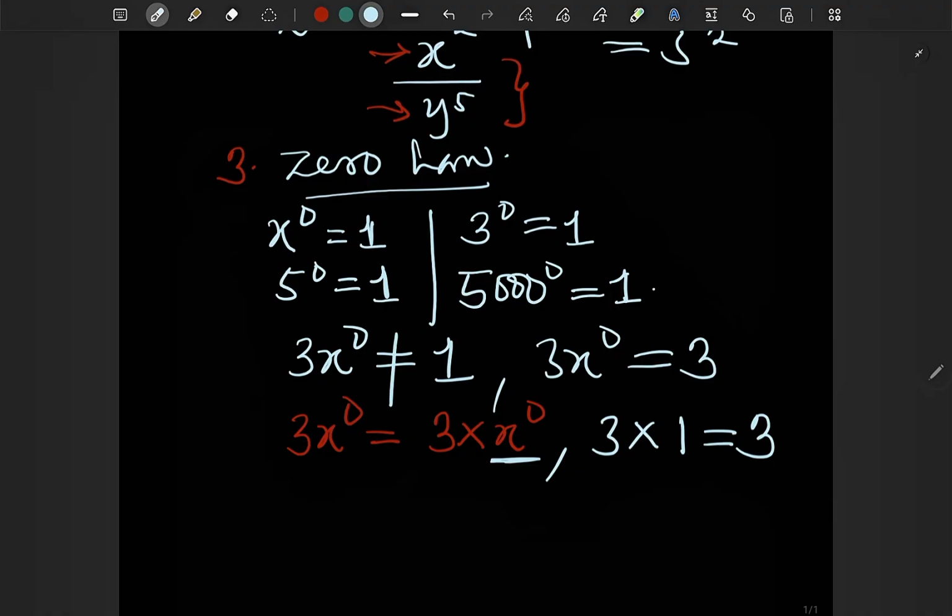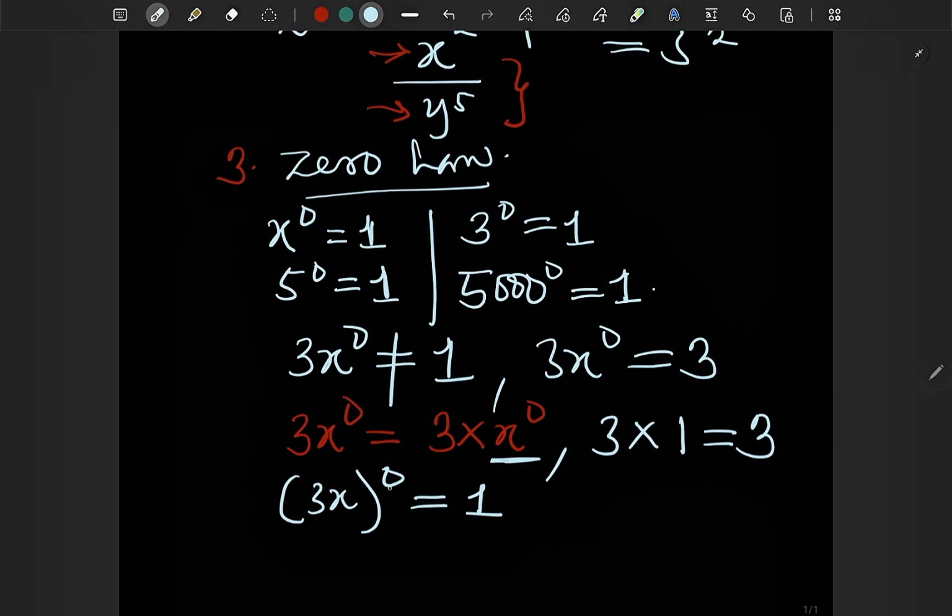But if we want the x and the 3 to be together, it has to come with a bracket. If that 0 must work for the 3 and x, it has to what? Have a bracket. This means that (3x) raised to power 0 is equal to 1. So how is that possible?